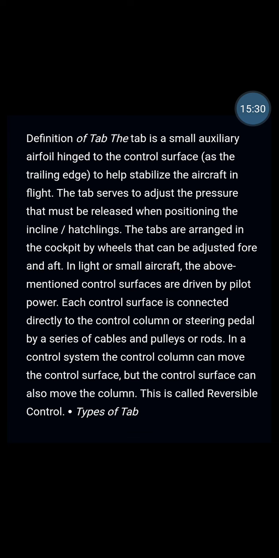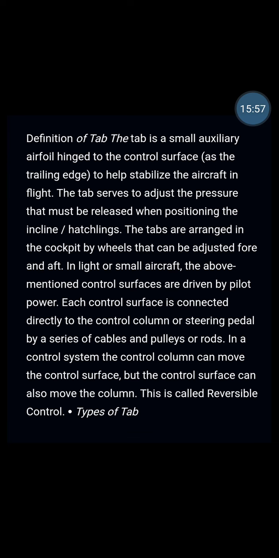In light or small aircraft, the above mentioned control surfaces are driven by pilot power, as the control surface is connected directly to the control column or steering wheel by a series of cables and pulleys or rods.